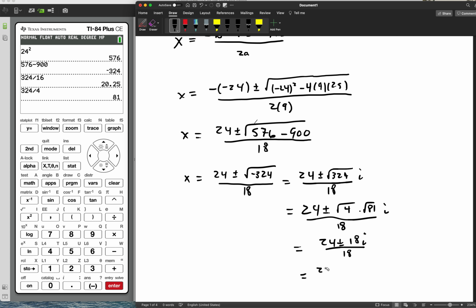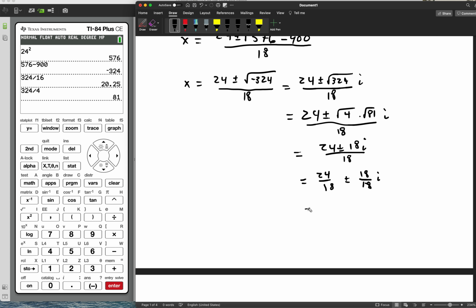And this simplifies into 24 over 18 plus or minus 18 over 18 I, which is the same thing as 12 over 9 plus or minus 1 I, or just I, which is the same thing as 4 over 3 plus or minus I. So the two complex solutions are given by x is equal to 4/3 plus or minus I, giving two complex solutions.